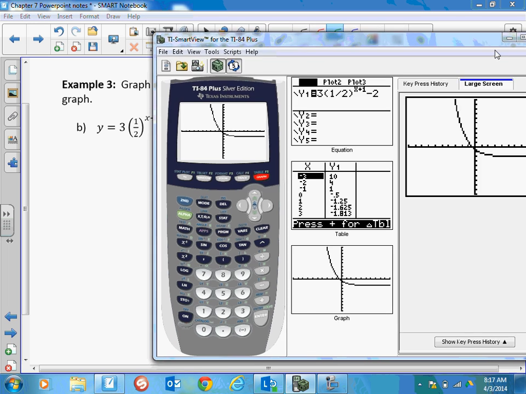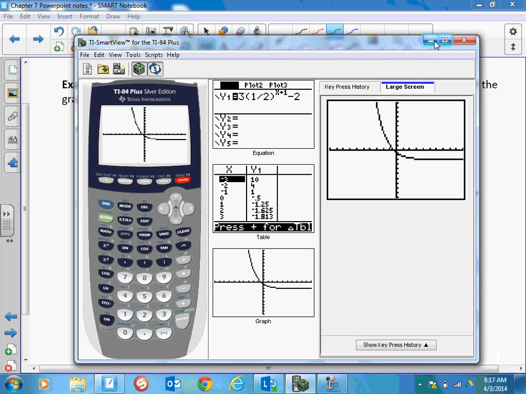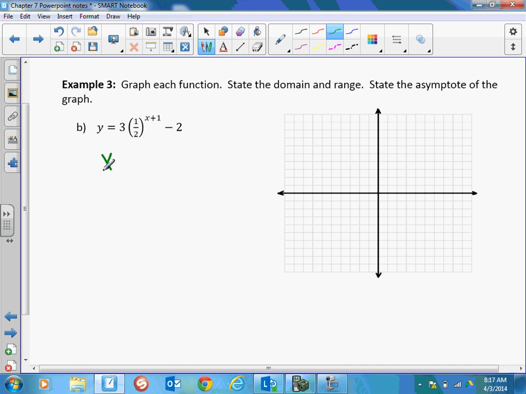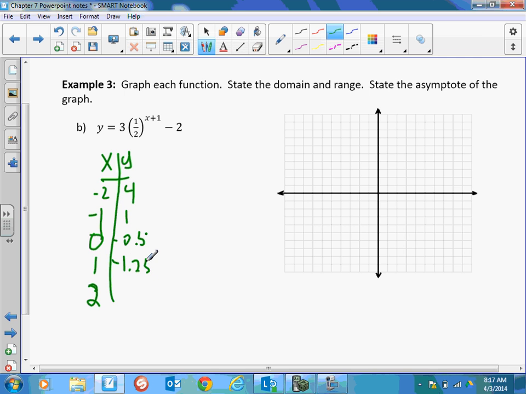So let's do that real quick. It was at 4, 1, -0.5, -1.25, and -1.625.